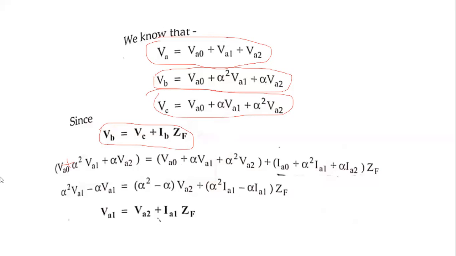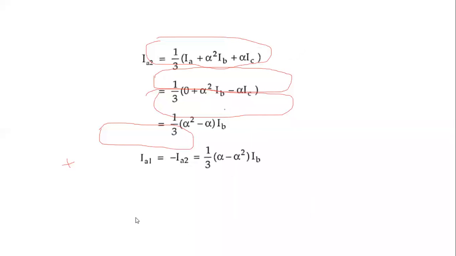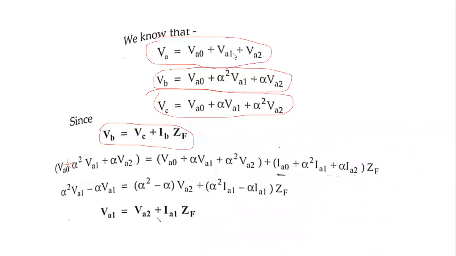What is the IB formula? IB is equal to IA naught plus alpha square IA1 plus alpha IA2.